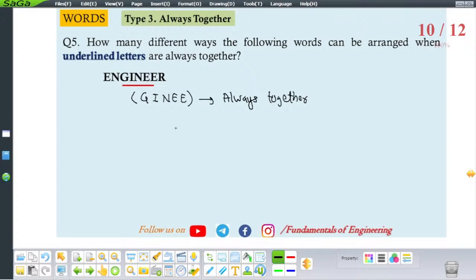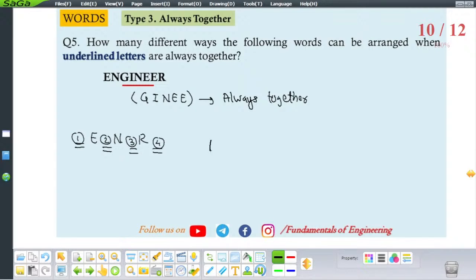Now the remaining are E, N and R. So these underlined letters we can arrange in the first position, in between E and N, in between N and R, and at the last.